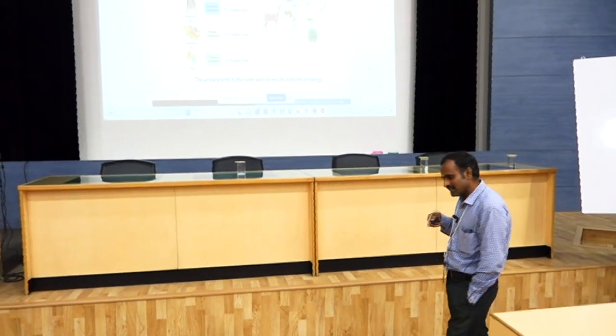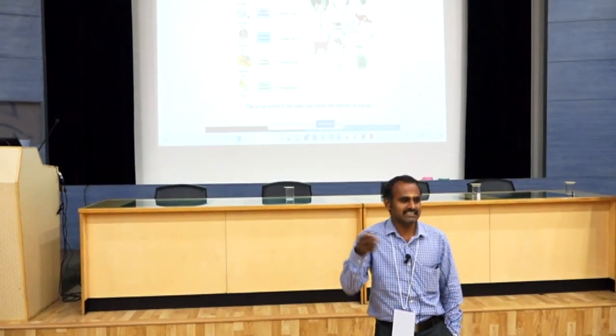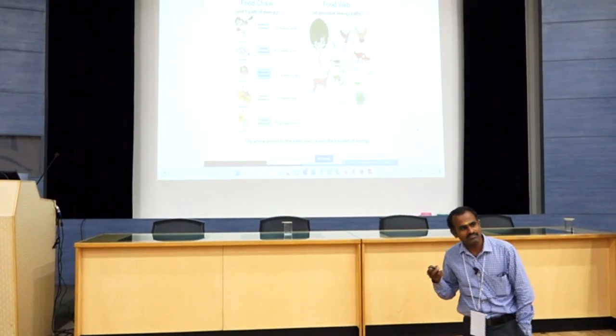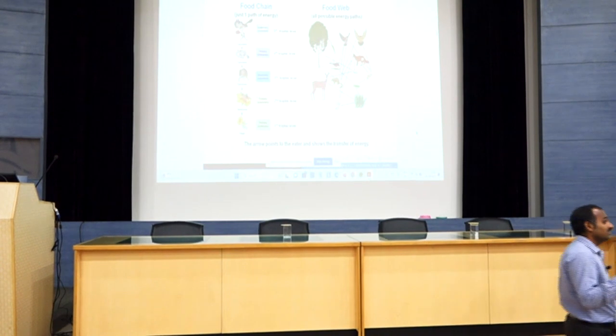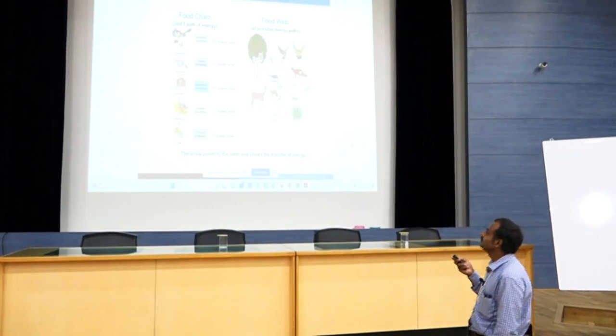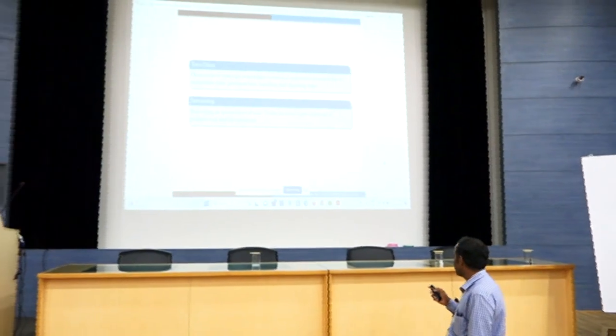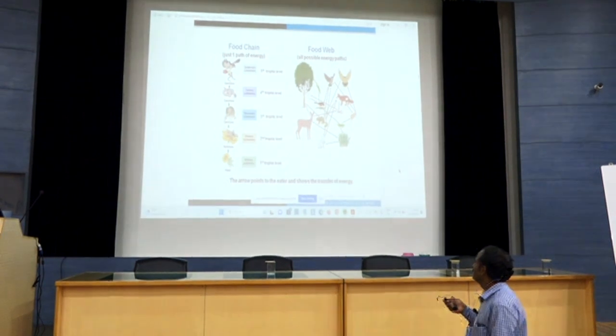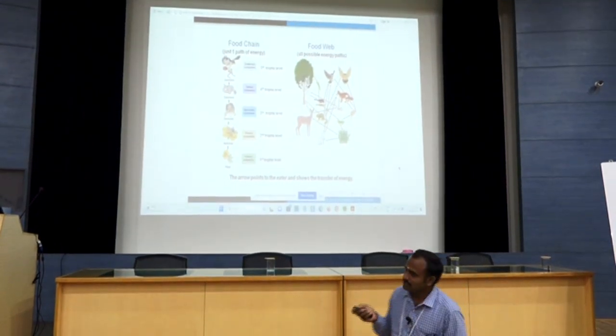So basically, the food chain model shows the relation between animals and plants, how they depend on each other. Usually the food chain model begins with the plant and ends with the large animals. So we begin with the plant, that is a primary producer.